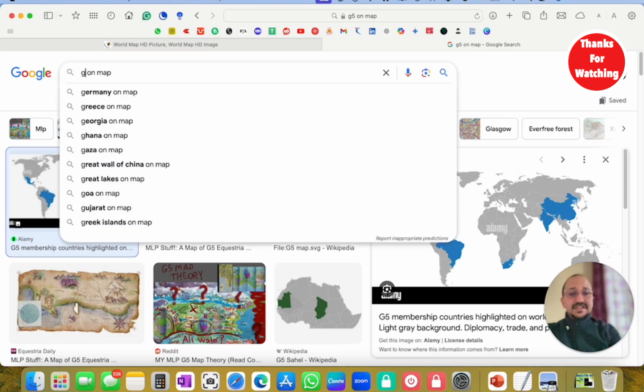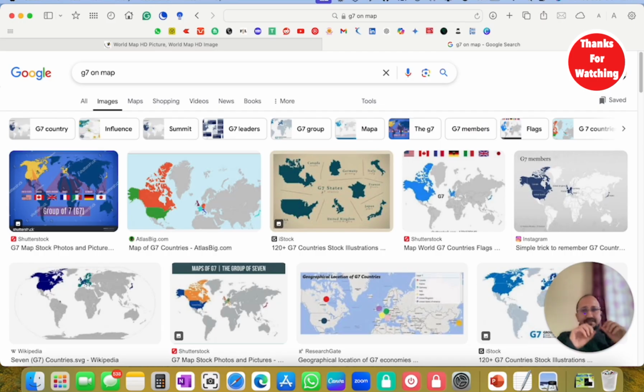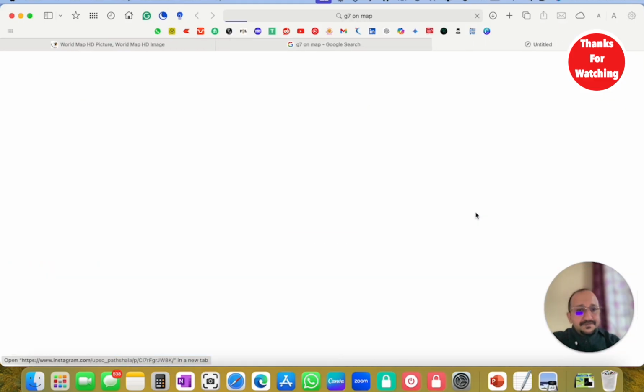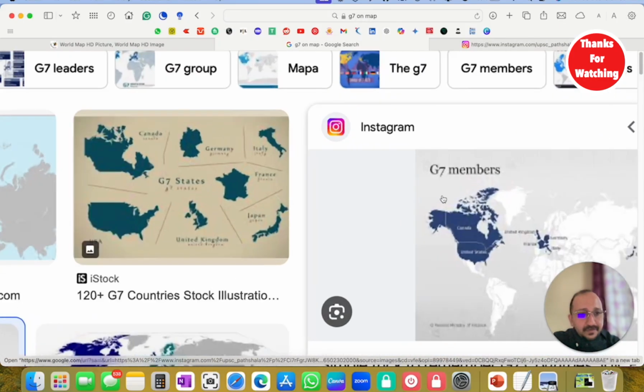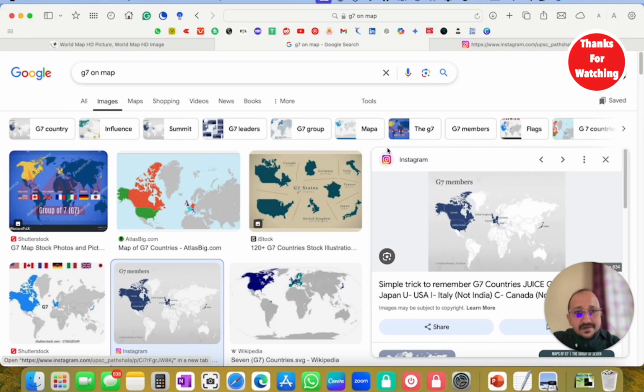Then comes G7. Now, G7s are the powerful countries. If I say it very simply, powerful and rich countries. So G7 is Canada. This is Canada. If I tell you over here, guys, it is Europe and Canada, as simple as that.